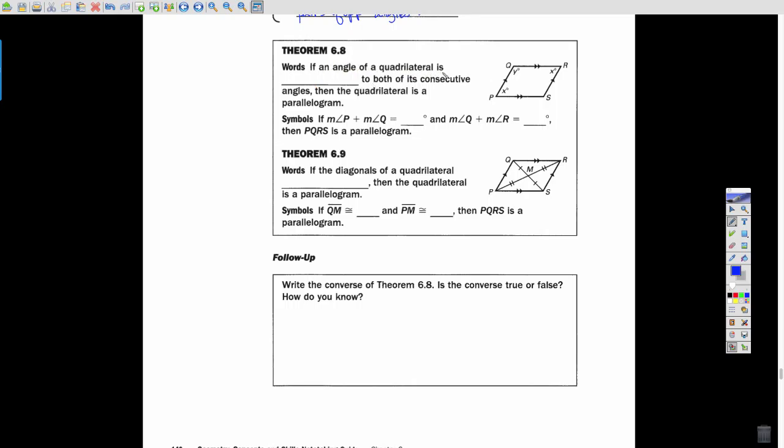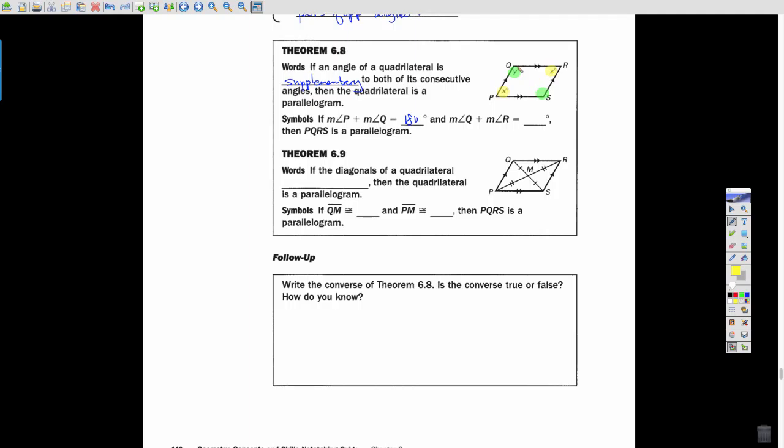Here it says, if an angle of a quadrilateral is supplementary to both of its consecutive angles, then the quadrilateral is a parallelogram. So in this example here, look at angle P and angle Q. They add up to 180 degrees, the yellow angle and the green angle. Because opposite angles are congruent, this one is also a yellow angle, and this one is a green angle.